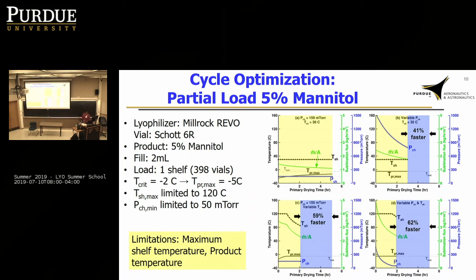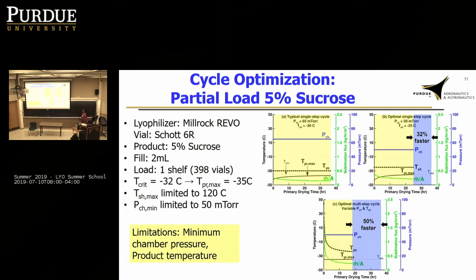Now, since we were speaking about sucrose earlier, we do have a sucrose cycle as well, very similar to the previous case, but instead of 5% mannitol, we use 5% sucrose solution. Same lyophilizer, same kind of vial, one shelf is loaded again.